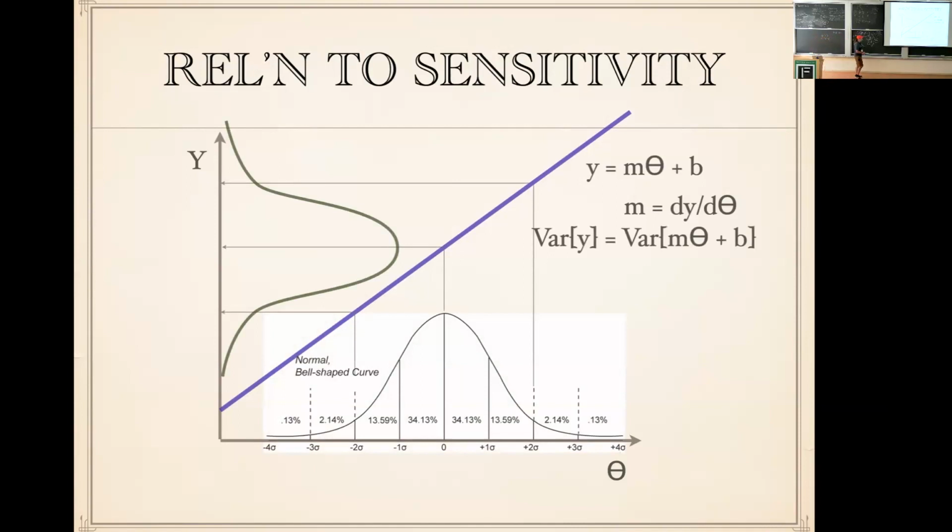To show how I applied these rules: I want the variance of y, that's the variance of this function, and then I can just apply those rules. Remember, the variance of a constant is going to be 0. A constant times a random variable is going to be that constant squared. Boom.